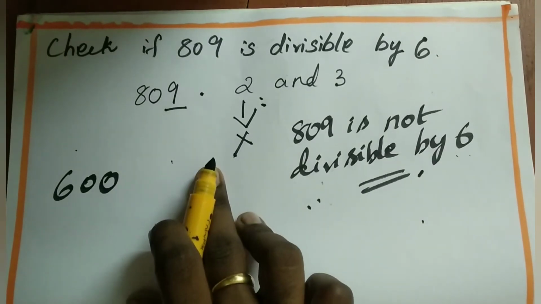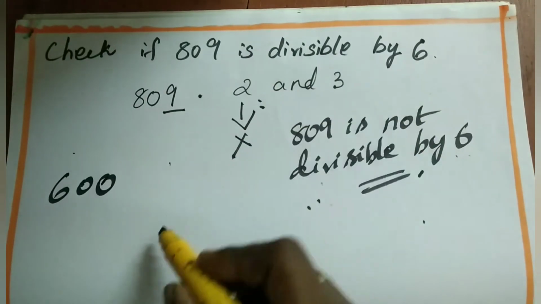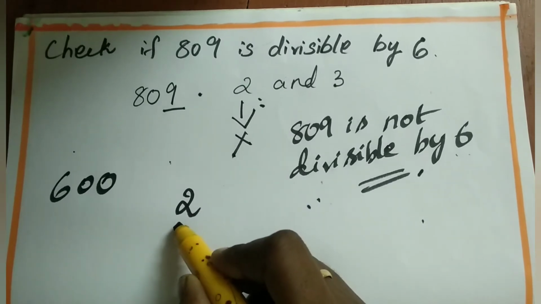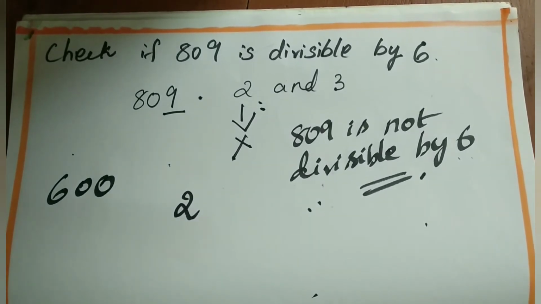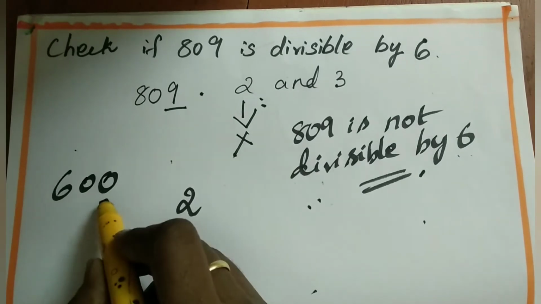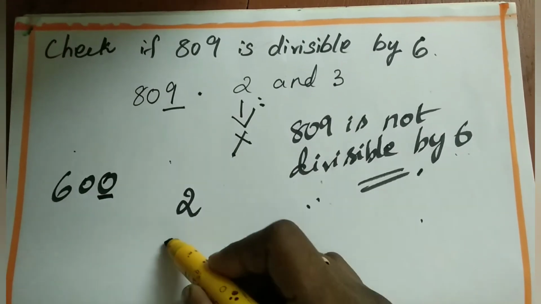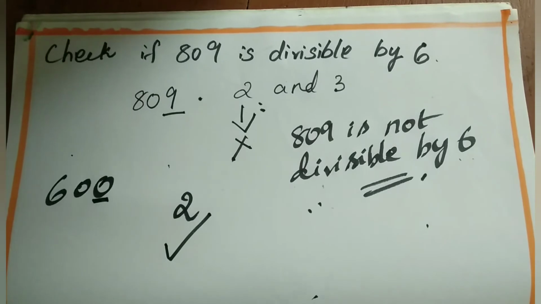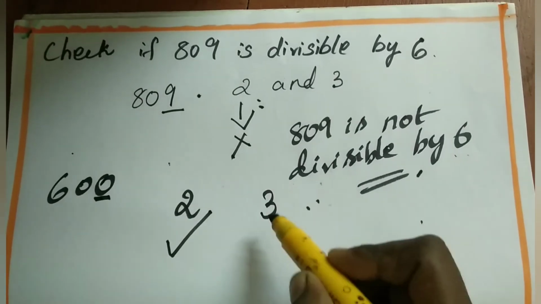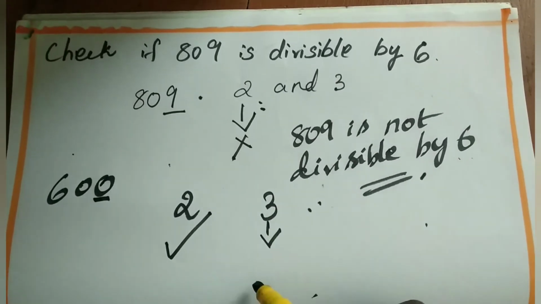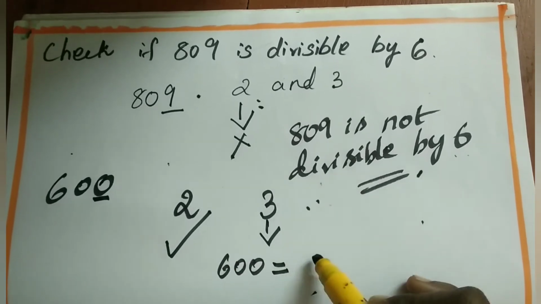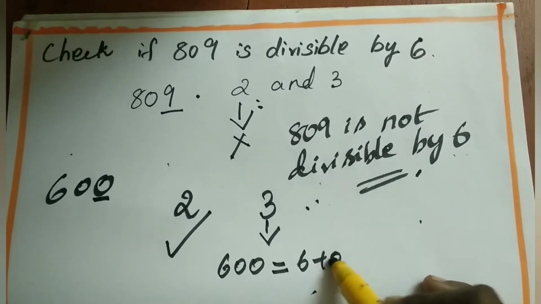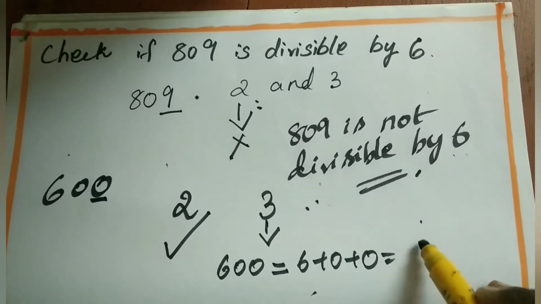How to check? First we want to satisfy the condition of 2. For 2, the last digit should be 2, 4, 6, 8 or 0. Here the last digit is 0, so the condition for 2 is satisfied. Let me check the divisibility rule for 3. We just add the sum of the digits: 6 plus 0 plus 0 is 6.